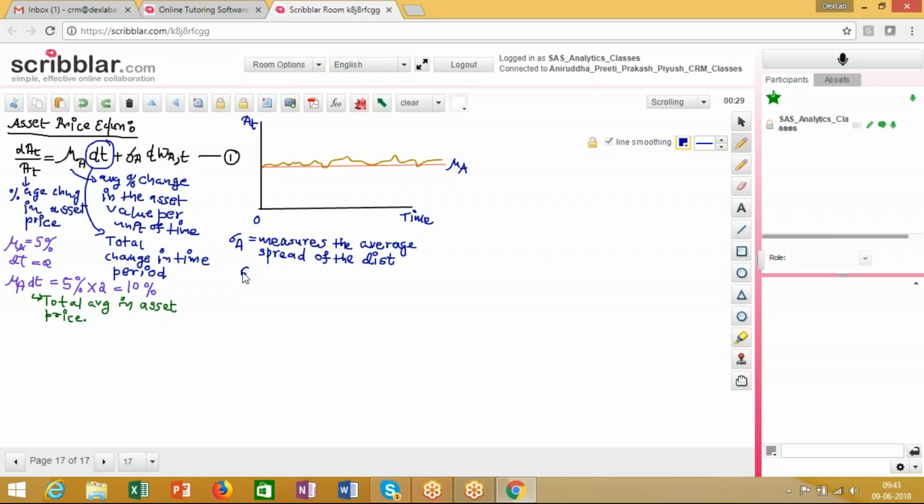How is it defined? Sigma is nothing but the standard deviation and is defined as 1 by n summation xi minus x bar whole square. So it is the sum of squared deviations about the mean.